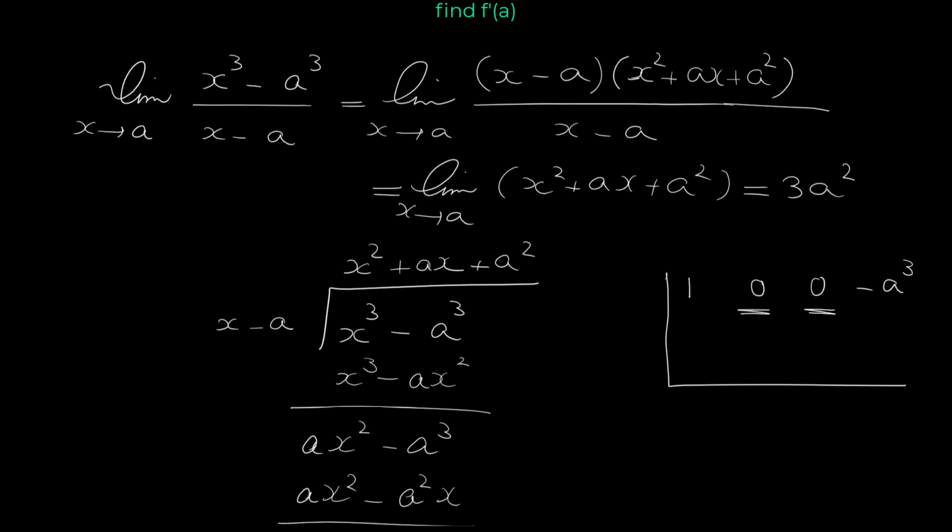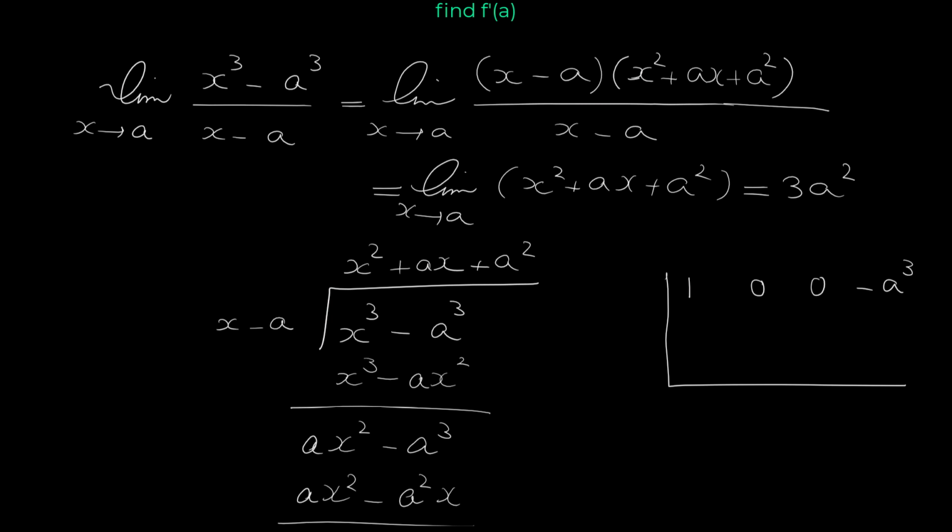The zeros here are because, attention, between x to the 3 and a to the 3 we usually expect to have x to the 2 and x, but we don't have any. Why? Because the coefficient of them is 0, and as you know, in the process of synthetic division we have to consider that.